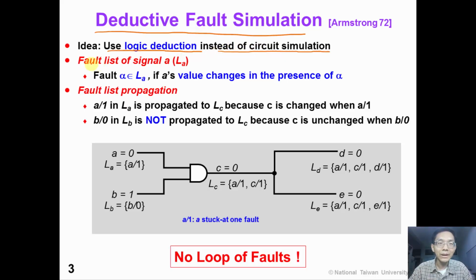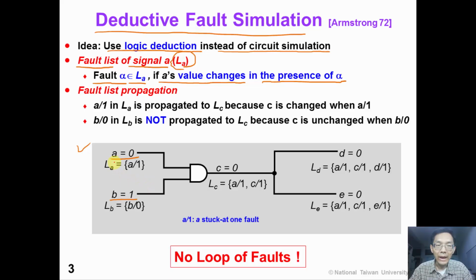In deductive fault simulation, there is a fault list for each signal A, denoted as LA. A fault alpha is in the fault list LA if A's value changes in the presence of fault alpha. For example, in this circuit, we apply a test pattern A equal to 0, B equal to 1.